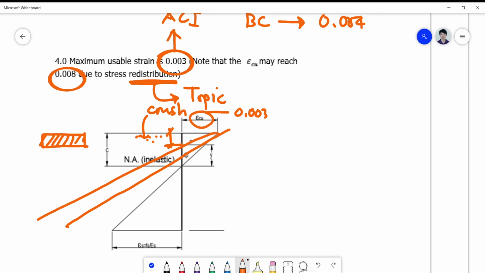So that's how we look into the failure stages, considering the beam behavior. We will be learning a lot of that when we go to curvature and ductility concepts.